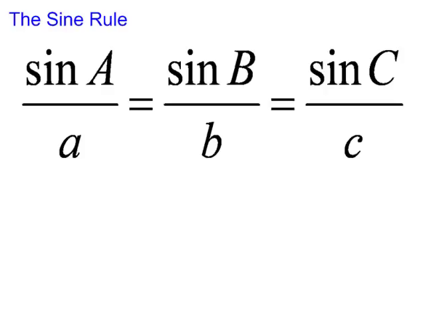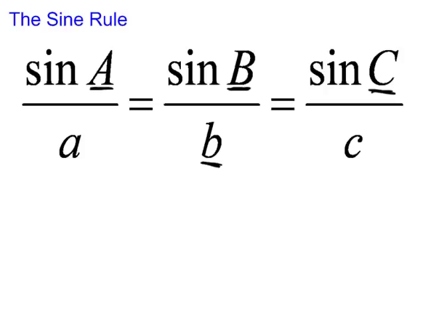So for instance, if I knew angle A and angle B and side B, I could find side A, because sine of angle A over side A equals sine of angle B over side B. Or if I knew B and C and side B, I could find side C, because sine of B over B equals the sine of C over C.